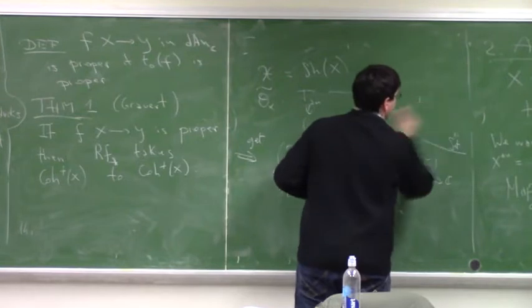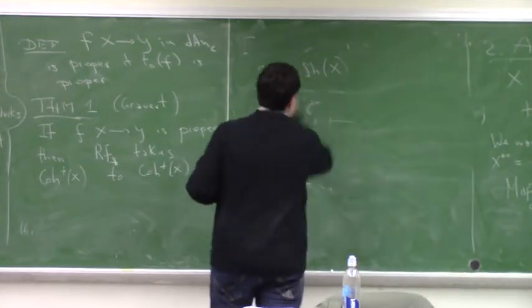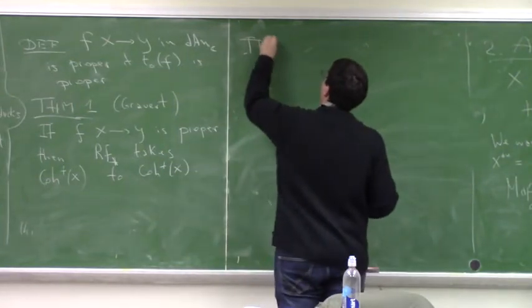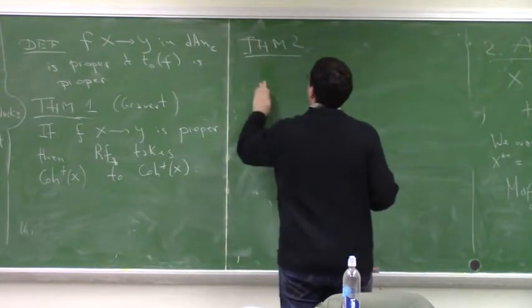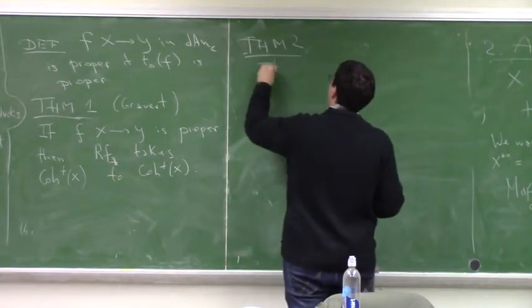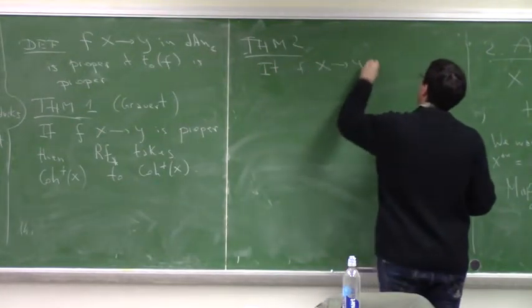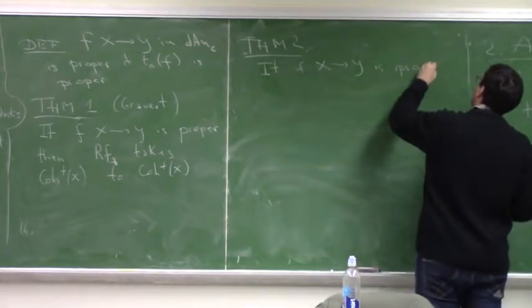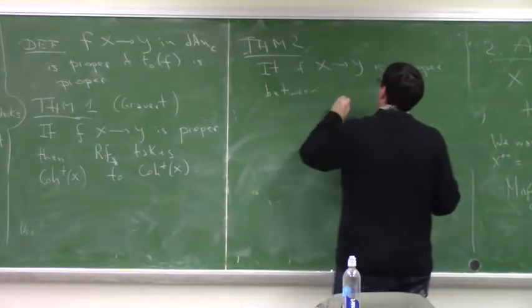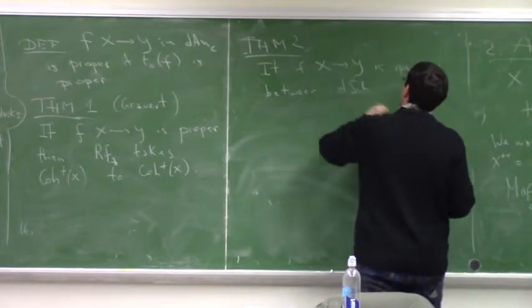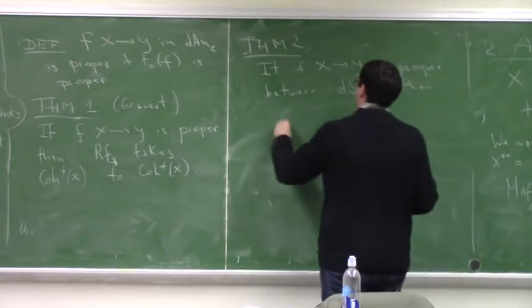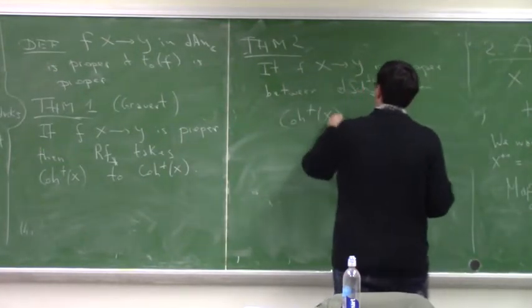Theorem 2 is GAGA. So if F from X to Y is proper between derived schemes of finite type over C, then the following diagram commutes.